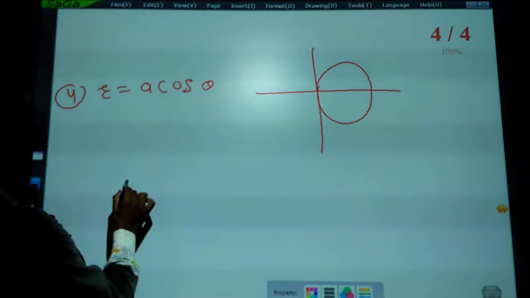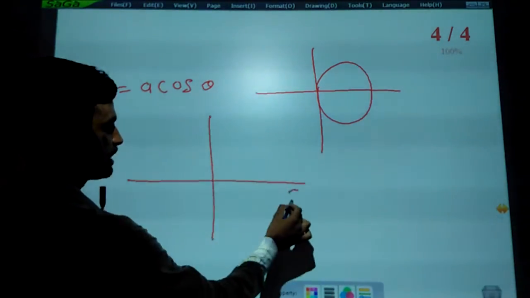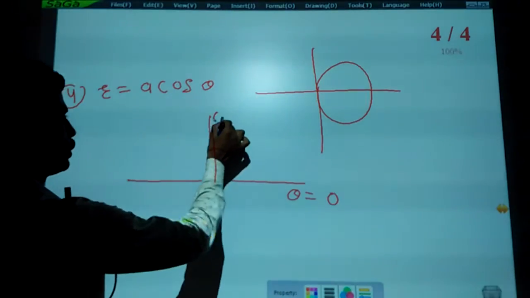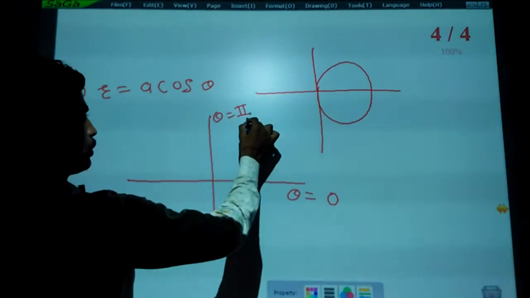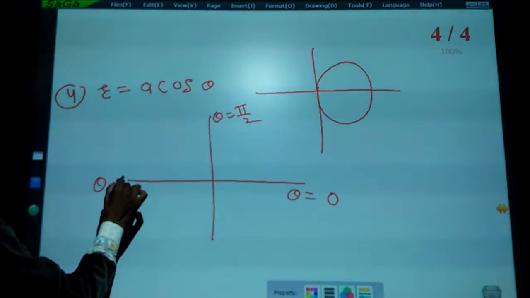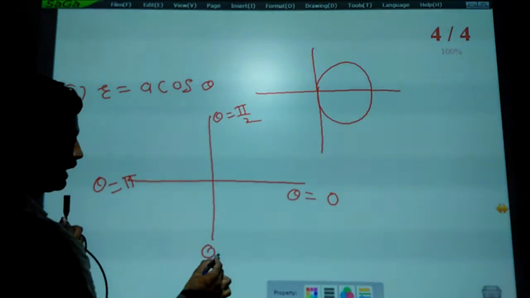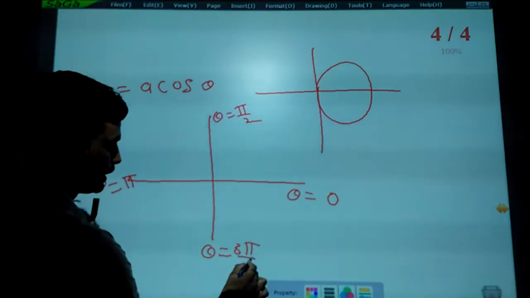Okay, and again we know that here theta is equal to 0, here theta is equal to pi by 2, theta is equal to pi, and here theta is equal to 3 pi by 2.